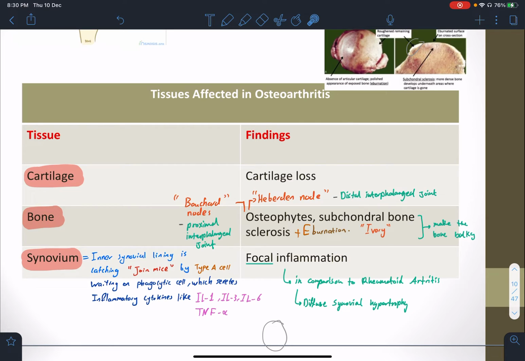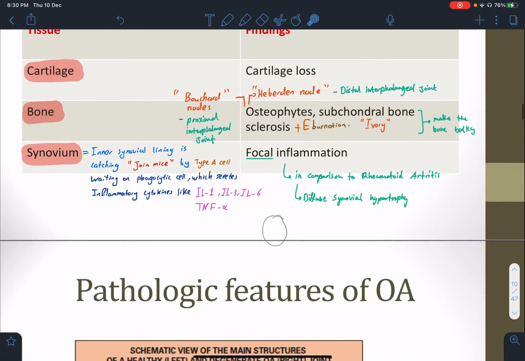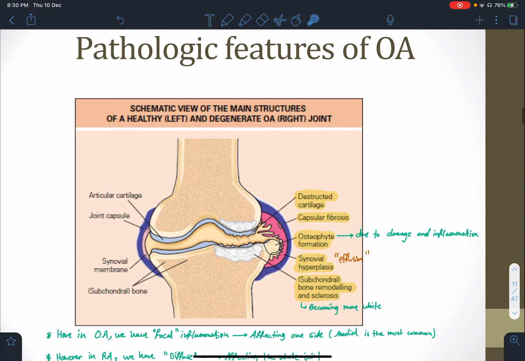This is in comparison with rheumatoid arthritis, and I'll explain it later. What's the difference between osteoarthritis and it, after we have clarified the symptoms and the presentations, because explaining that earlier would have been more complicated. The pathological features again: you'll have a focal inflammation.